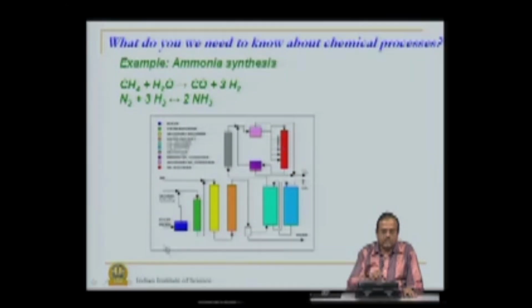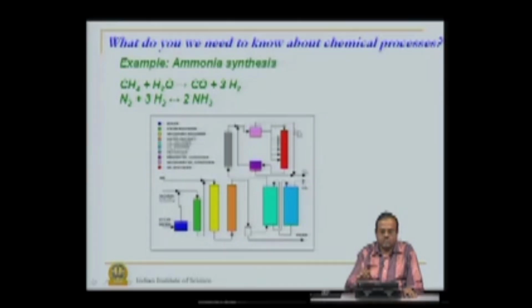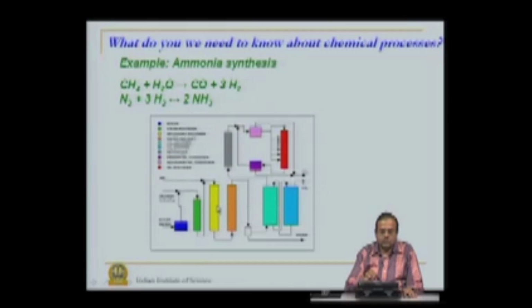So, the entire chemical design or process design for the chemical reaction will now involve all these subunits, and remember these subunits are all linked to each other. So, any improvement that you try to do in one process is going to influence the performance of other processes.